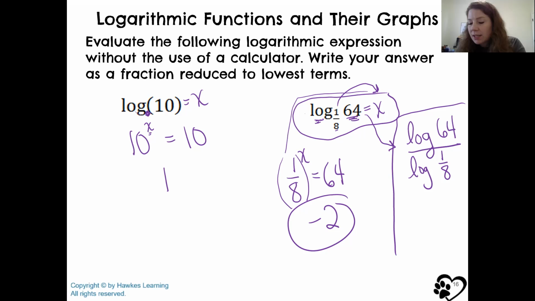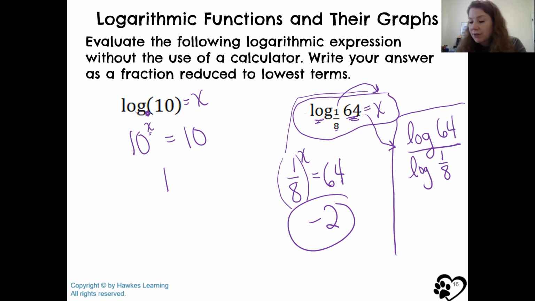Oops, let me try it again. Log of 64 over log of 1/8. And it's telling me I made a syntax error.